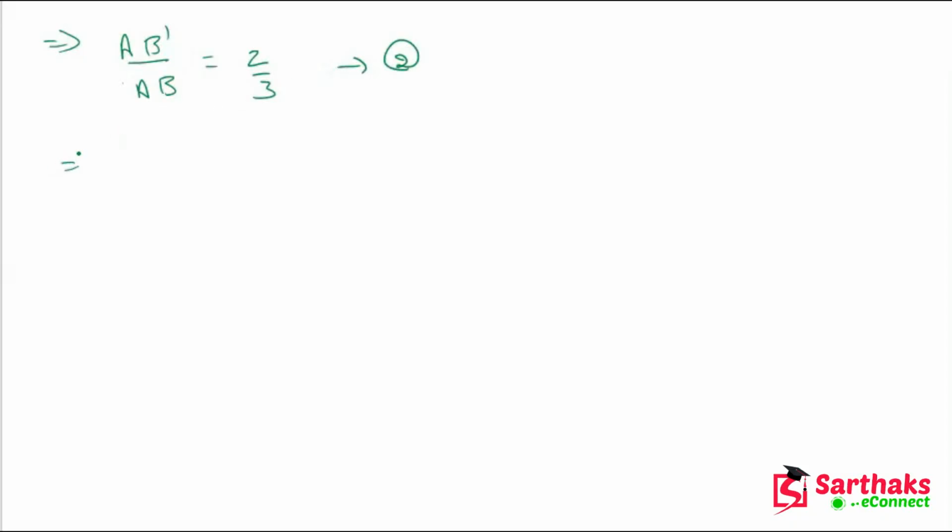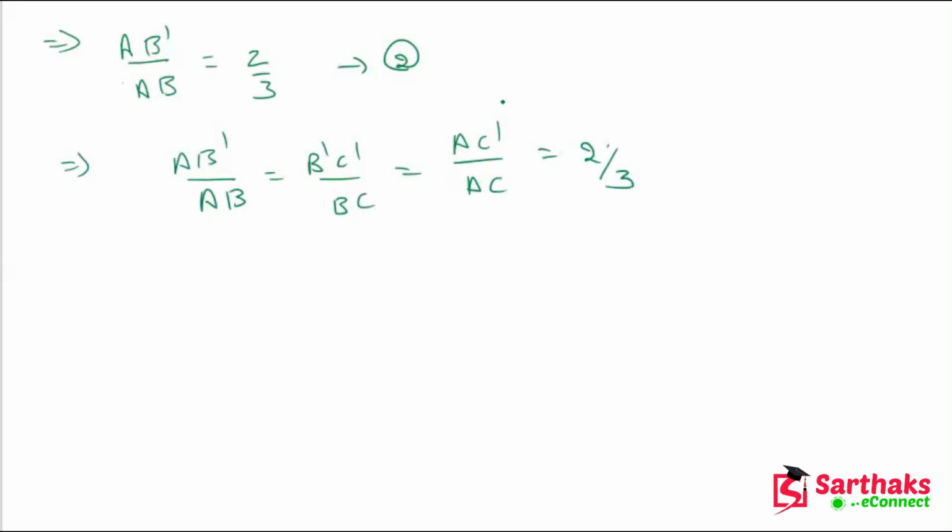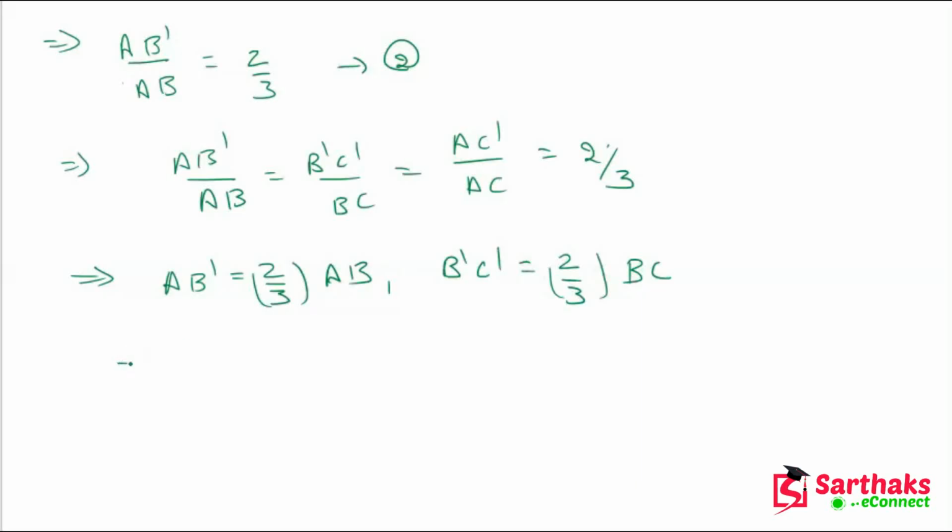So from equation 1 and 2 we get AB' upon AB is equal to B'C' upon BC is equal to AC' upon AC, which is equal to 2 upon 3, and this will be written as AB' is equal to 2 upon 3 times AB, B'C' is equal to 2 upon 3 times BC, and AC' is equal to 2 upon 3 times AC.